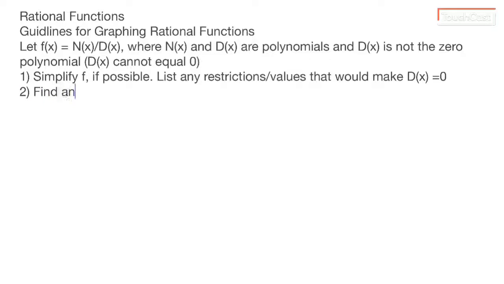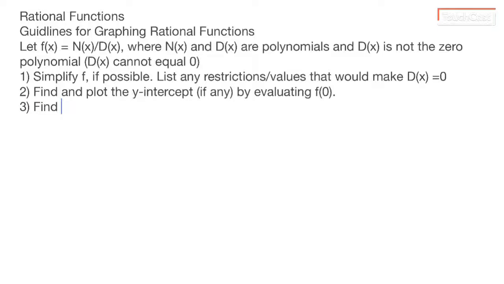Then we're going to find and plot the y-intercept, if there is any, by evaluating f of 0. So we're going to just plug 0 in for x and solve it.